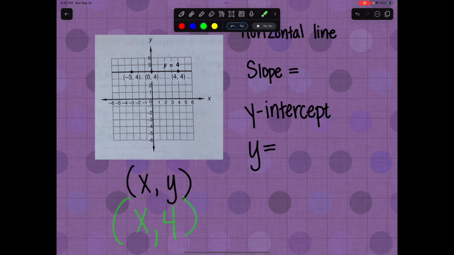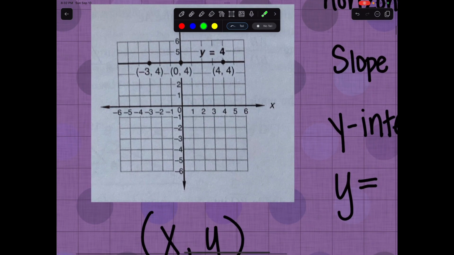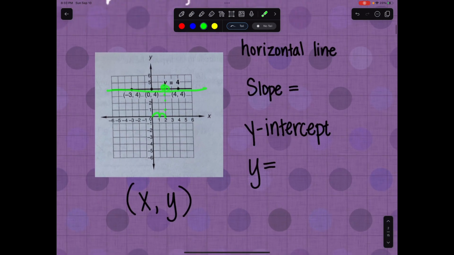If you plot that, you could do 0, 4, or you could go over 2 and then up 4. The y is always going to be 4, and that's why you get this line. And so the equation for any horizontal line is just y is equal to some number. If y would have been -2, the line would have been like that.